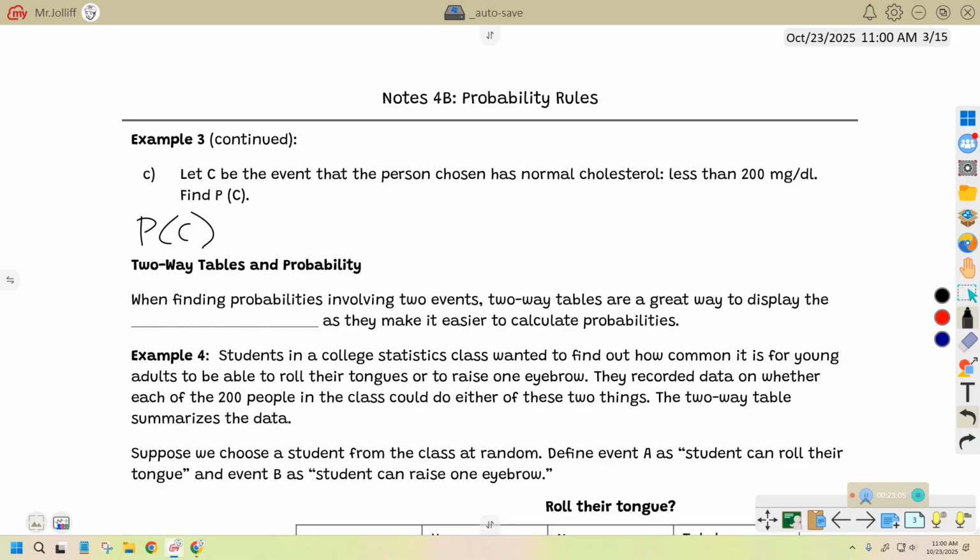P(C), which is normal cholesterol, is not A or B. And we know how to deal with not A or B. Complement trick. How do I find not A or B? 1 minus A or B. Yeah. Perfect.